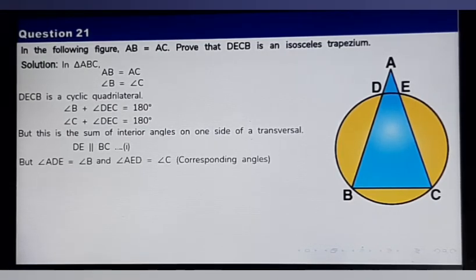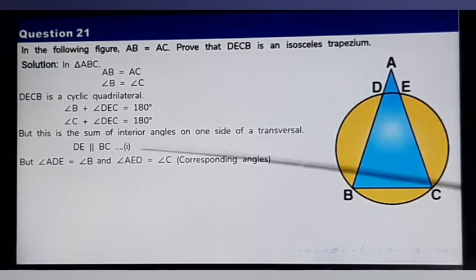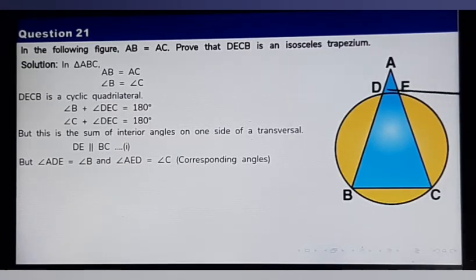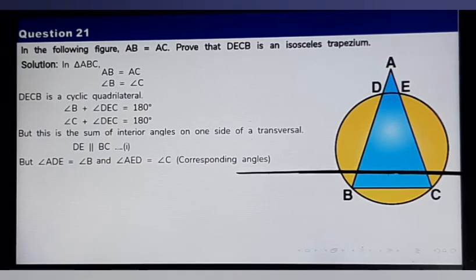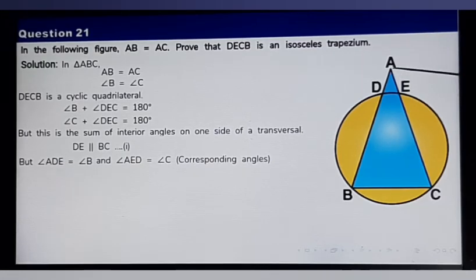Since DE and BC are parallel, EC and DB both act like transversals. Angle ADE is equal to angle B because they are corresponding angles. Angle AED is equal to angle C, which is also a pair of corresponding angles.